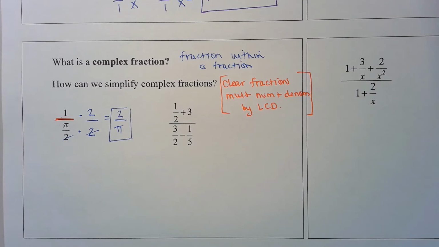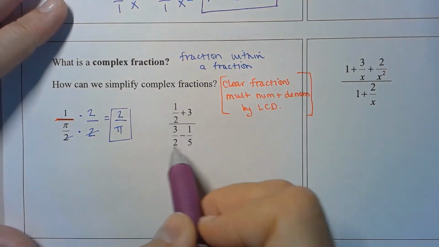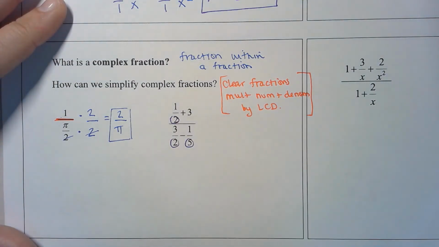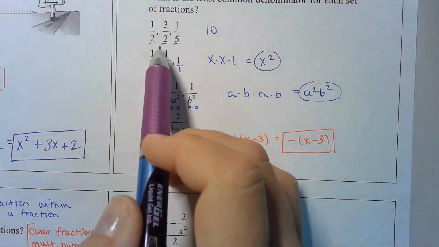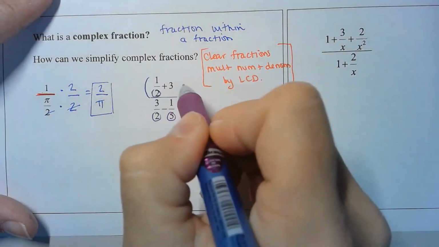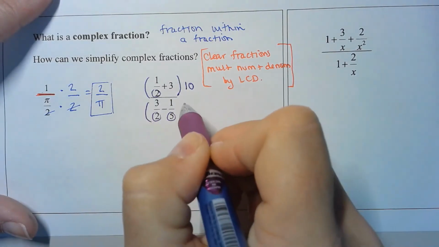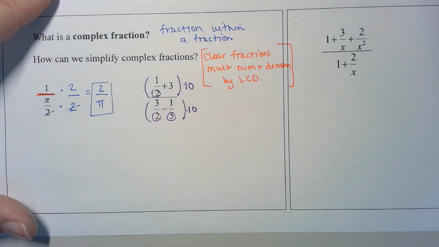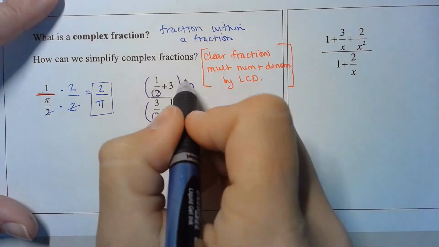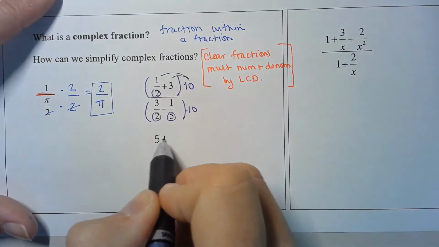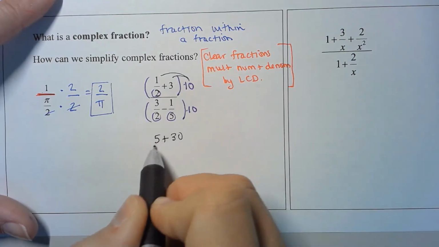Okay. All right, let's look at this next one. When I look at the three fractions that I have, I've got a denominator of 2, 2, and 5. Well, that sounds familiar. Remember, we already said the common denominator for those would be 10. So I'm going to multiply the top by 10, and I'm going to multiply the bottom by 10. We're going to distribute that 10. So 1/2 times 10 is 5. 3 times 10 is 30.